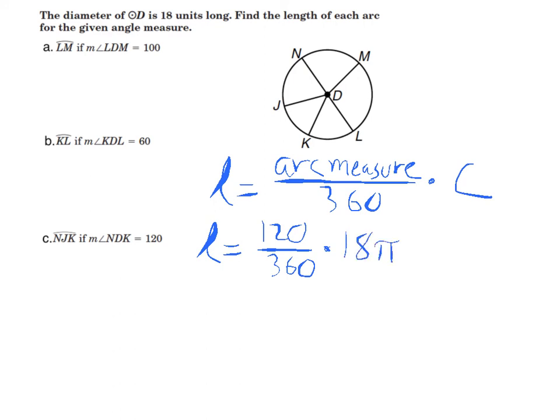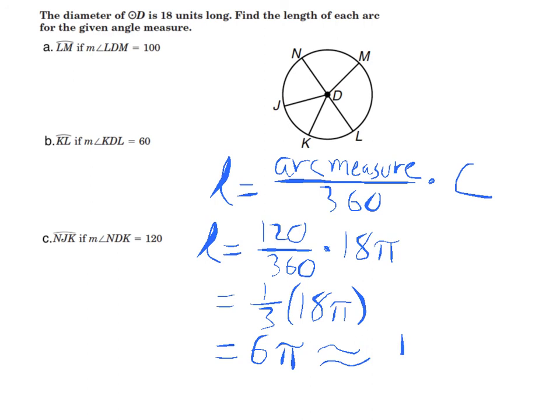Then I'm just going to simplify and multiply this out. 120 over 360, well, that's 1/3. So I'm taking 1/3 of the circumference, which is 18 pi. 1/3 of 18 pi is 6 pi. Again, if you multiply that out for an approximate answer, 6 times pi is going to be about 18.85.